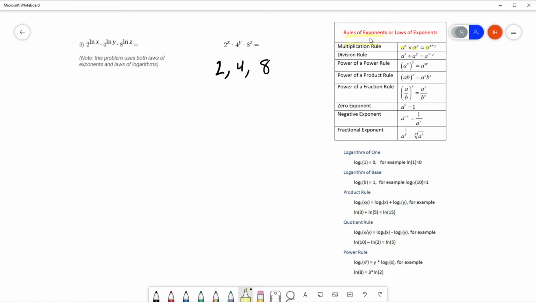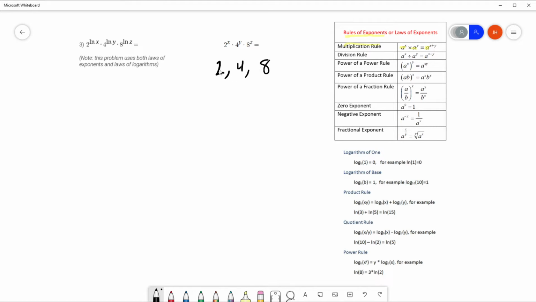The idea of these rules of exponents is that they have to do with when you have the same base, right? So what can I do to these terms in order to get them to all have the same base? Well, something interesting to notice is that every single one of these terms has something very similar in common. They are all powers of 2, all right?